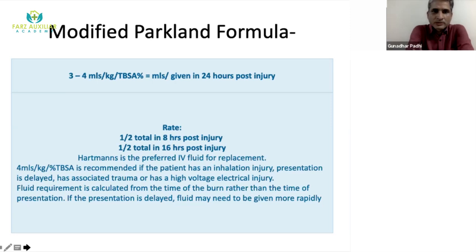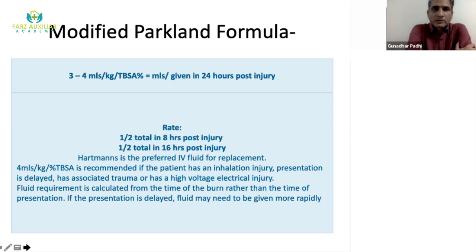The literature suggests crystalloids are the fluid of choice, either Ringer lactate or a balanced fluid solution like Plasma-Lyte or any balanced fluid solution which contains less sodium and less chloride, and more buffering substances. Those are the fluids of choice for resuscitation.